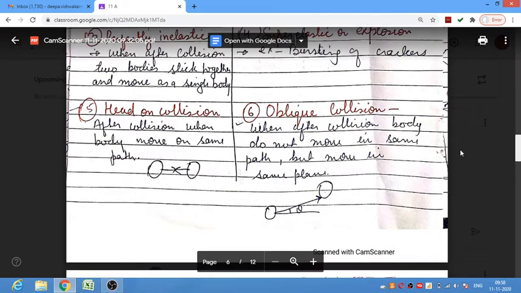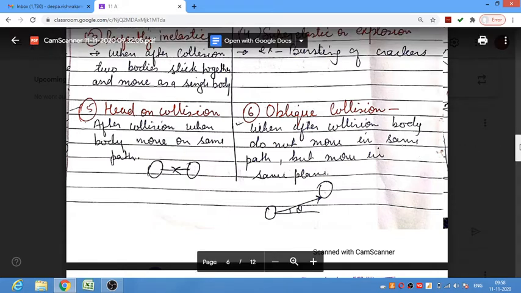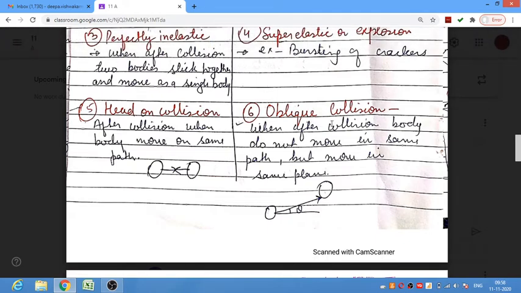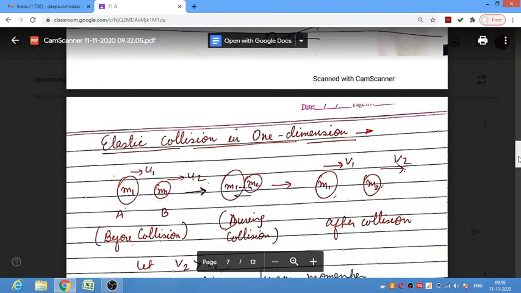Now next is the head-on collision. When any two bodies collide with each other and after collision move on the same path face to face, it is the case of the head-on collision. Then oblique collision, when after collision the bodies do not move in the same path but move in the same plane, they move in different paths and collide at an angle theta.